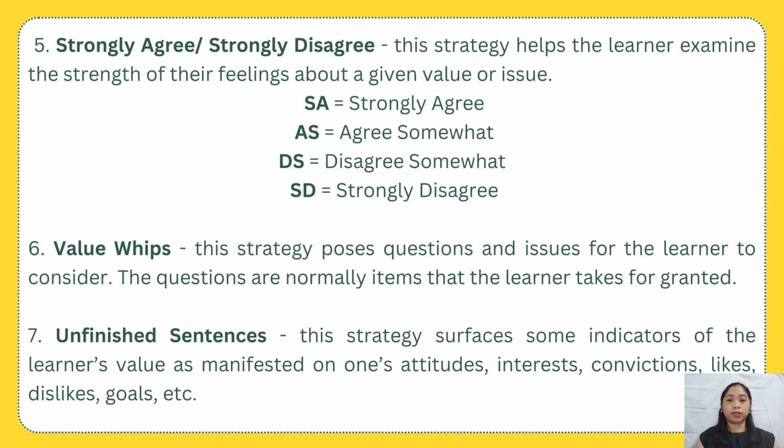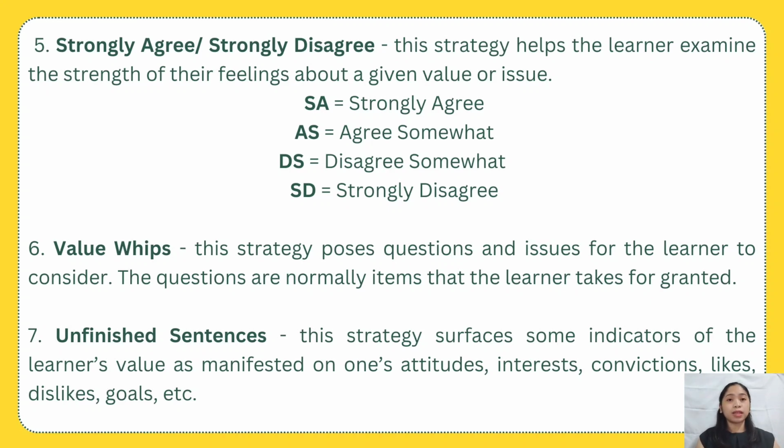The next one is strongly agree or strongly disagree. This strategy helps the learner examine the strength of their feelings about a given value or issue. For example, encircle the response that indicates how you feel about this statement: a person does not live by bread alone.